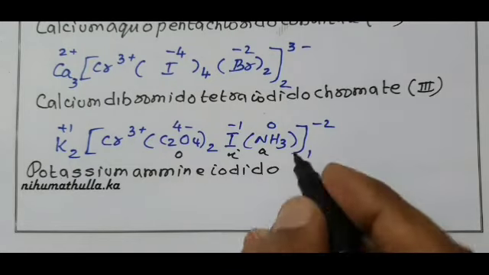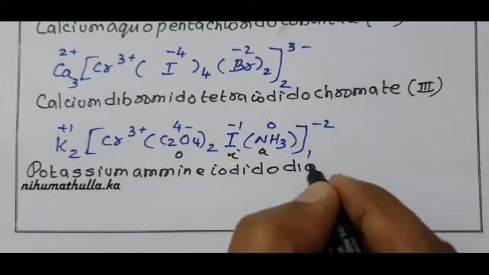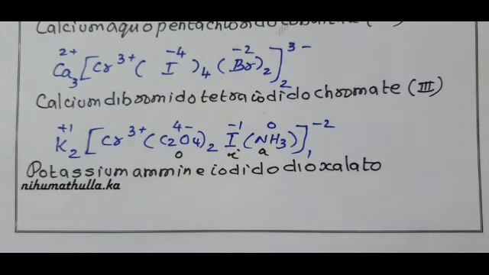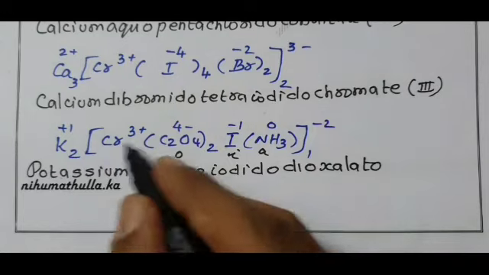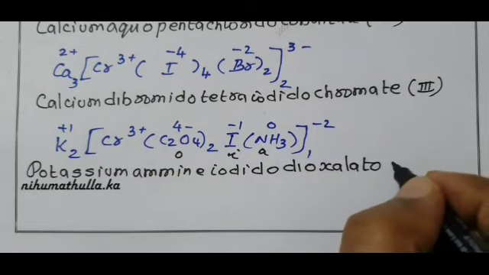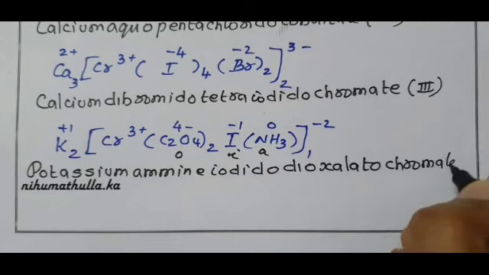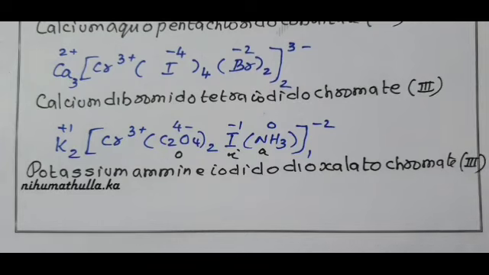Then how many oxalato? 2 oxalato. Dioxalato. What is the central metal? Chromium, anionic complex. Therefore, the name of the central metal ion ends with ate, chromate. What is the oxidation state? 3. Chromate 3. Come to other complexes.